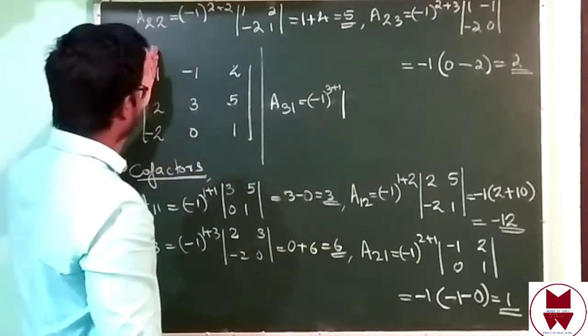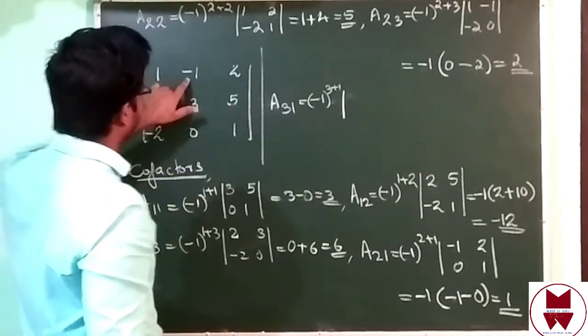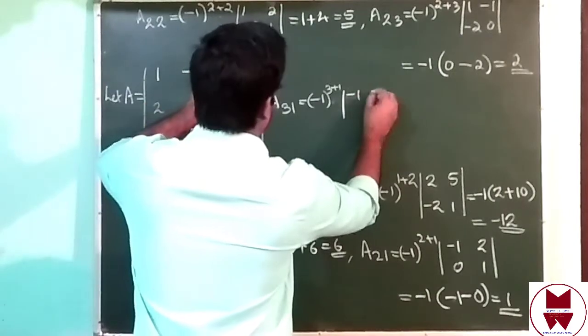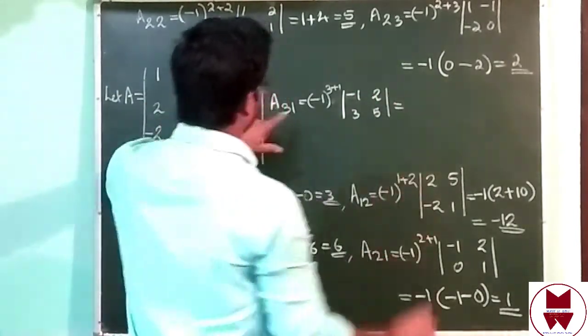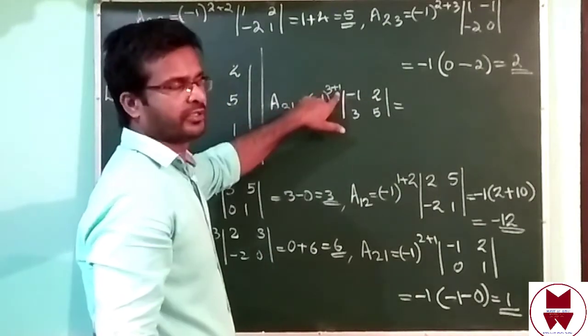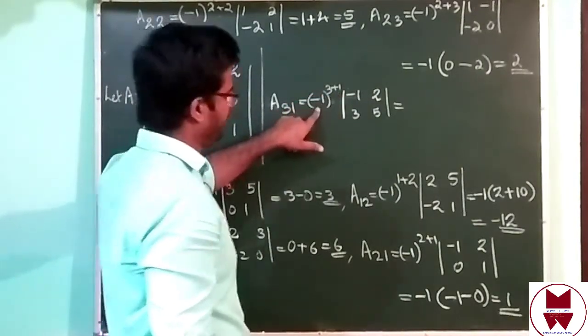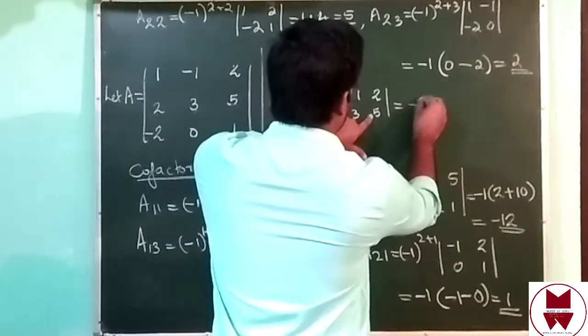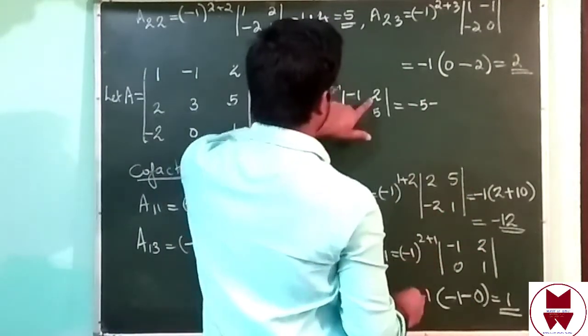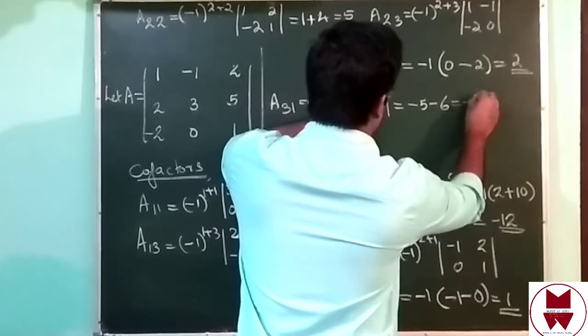Delete third row and first column. What will you get? Minus 1 2, 3 5 equals minus 1 all raised to 4, that will be plus 1, isn't it? Then directly you can do minus 1 into 5, minus 5, and minus 3 into 2, 6, equals minus 11.